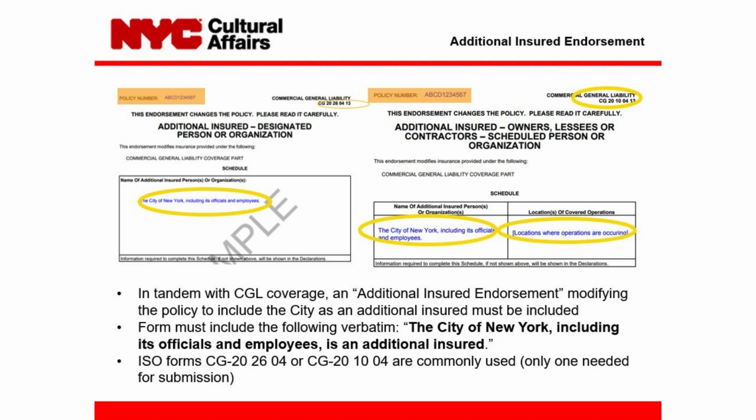Finally, if you choose to use Form CG20-1004, you must include the addresses of every location where activities occur. Therefore, we recommend using the form on the left, Form CG20-2604. Please refer to page 6 of the FY25 Initiative Funding Requirements PDF for written instructions.